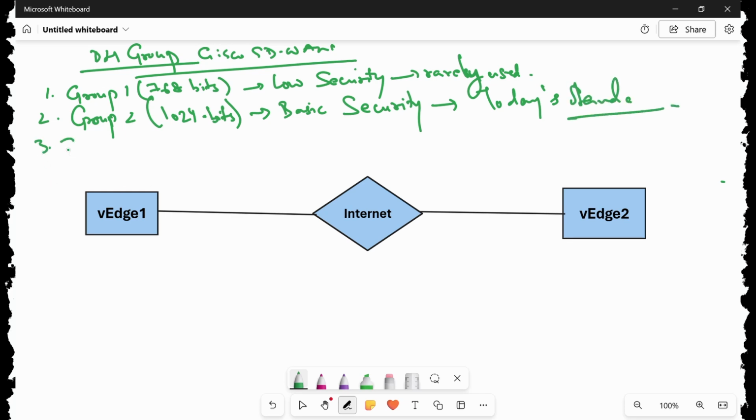So the next group will be group 14, which has 2048 bits.